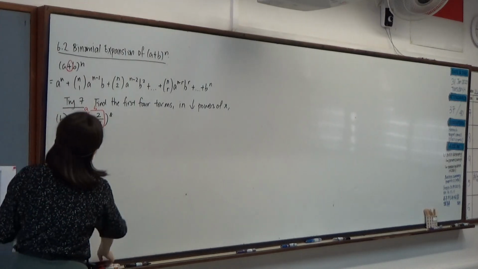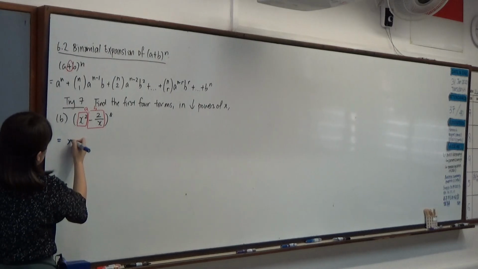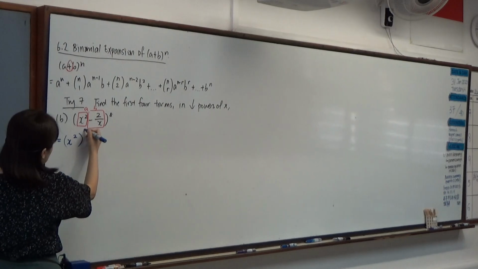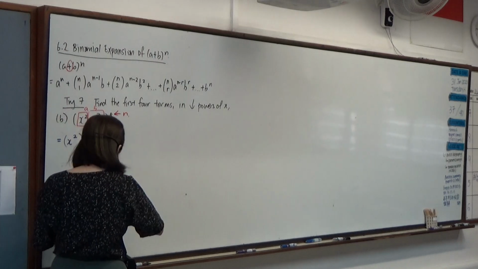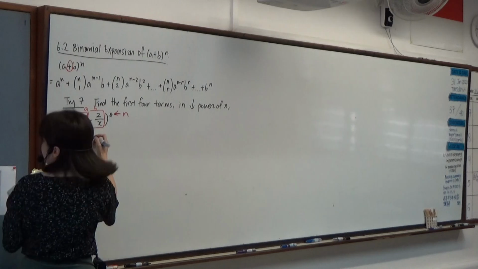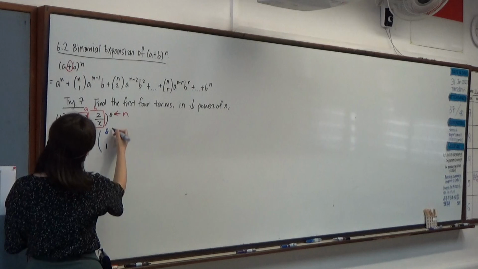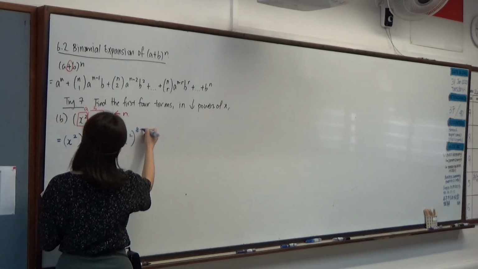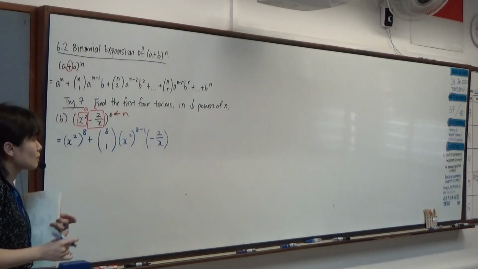Okay, so now let's start to put it into our formula. We will have x squared as our A to the power of n, which is 8. Then 8 choose 1, followed by x squared to the power of 8 minus 1, followed by negative 2 over x.